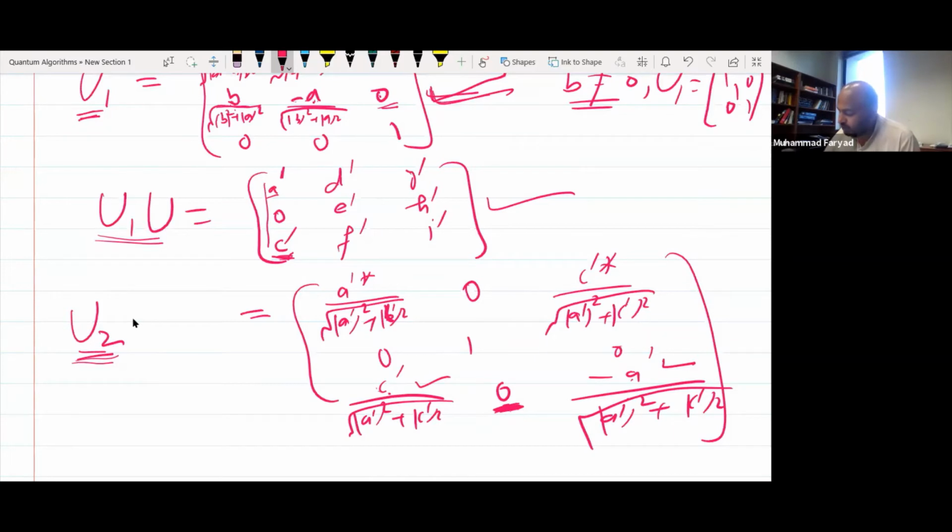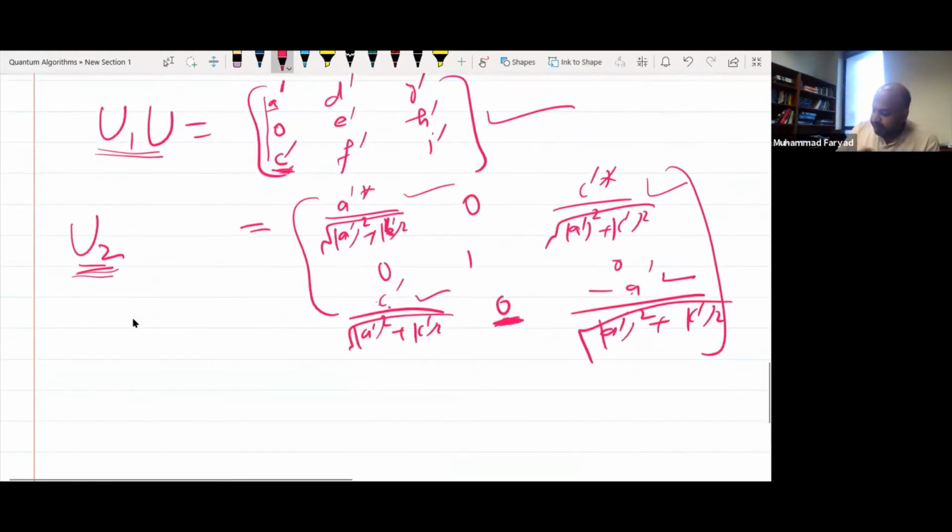And once I have these two elements, I can easily figure out the other elements. So these two elements, the top row is also written, which is still normalized, and you know this is still a unitary matrix. But now when I multiply it with U1, let's see what I get. I get U2 U1.